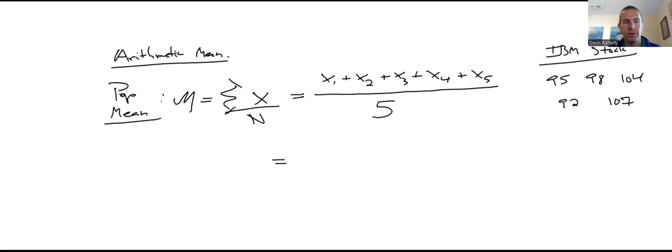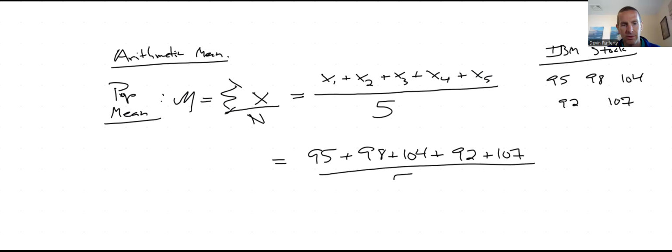So how do we do this? We do 95 plus 98 plus 104 plus 92 plus 107 divided by 5, which is equal to, I have to do this on a calculator very briefly, if you could bear with me.